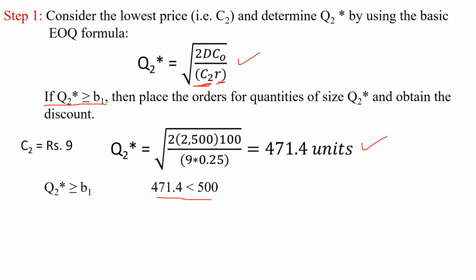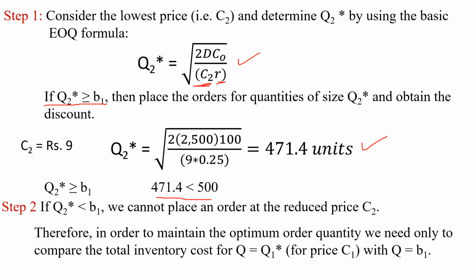Then we go for step 2. If Q2 star is less than B1, we cannot place an order at the reduced price C2. Therefore, in order to find the optimum order quantity, we need only compare the total inventory cost for Q1 star and the B1 quantity.